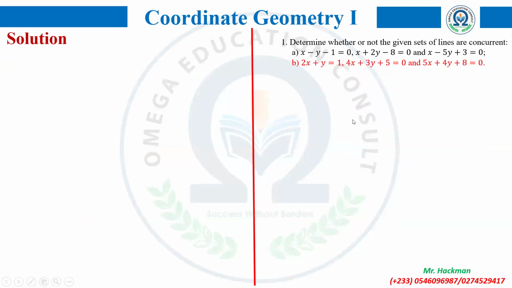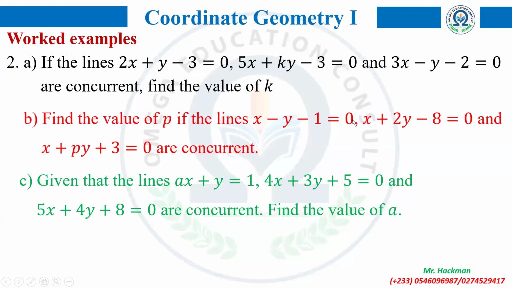So quickly, let's go and look at our next set of questions. My target is to finish this before our first break, our water break. So question 2. Again, you've been given 3 lines. If the lines are concurrent, find the value of K. So look at what you have here.